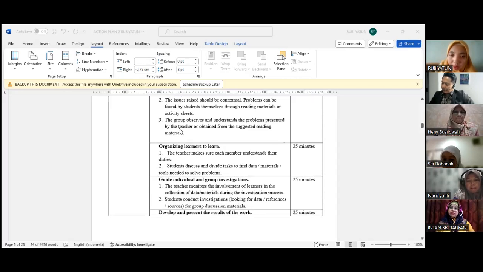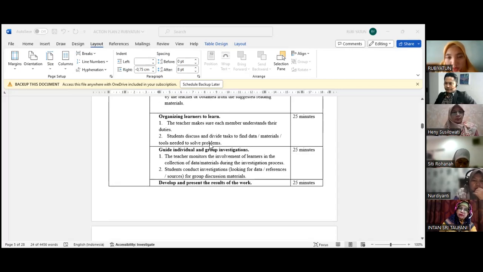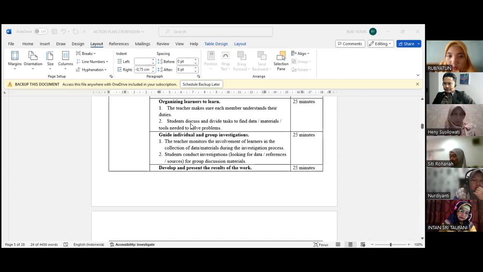The second step is organizing learners to learn in groups, and the teacher gives an LKPD, for example, to make the students investigate.